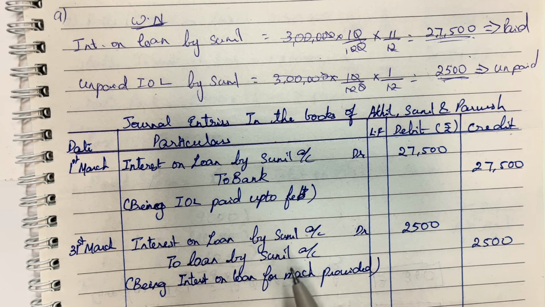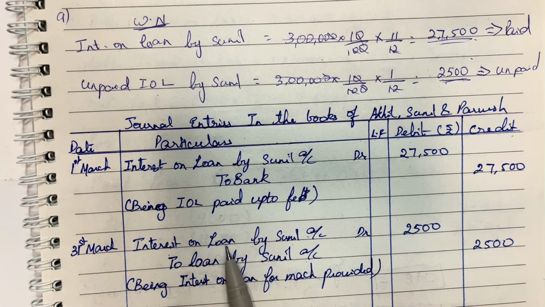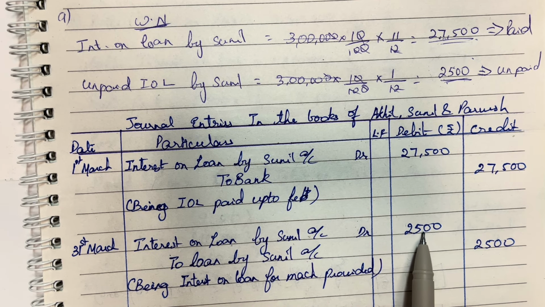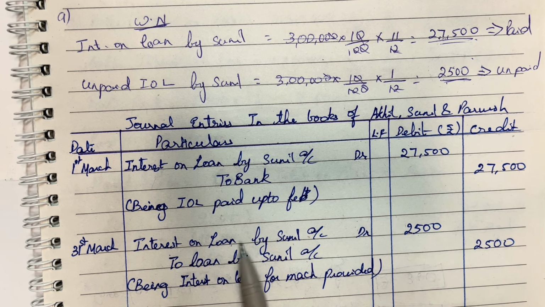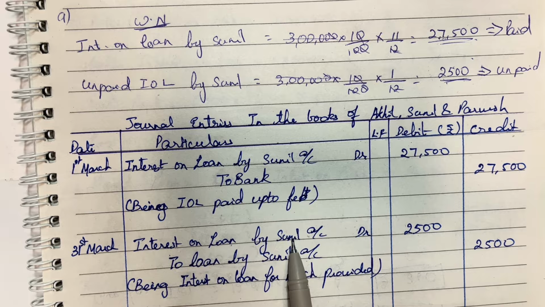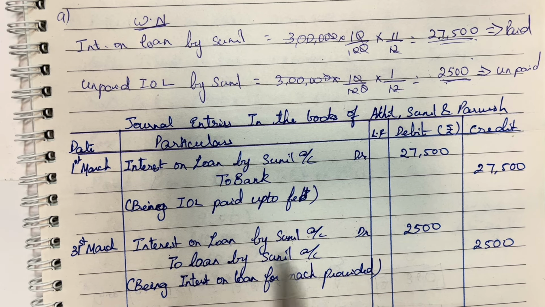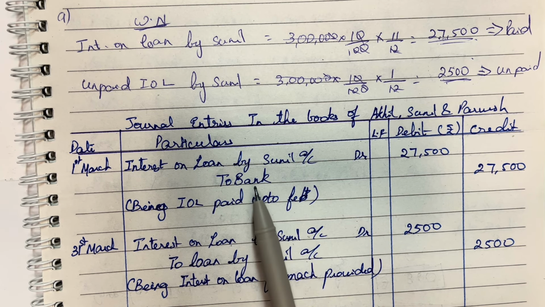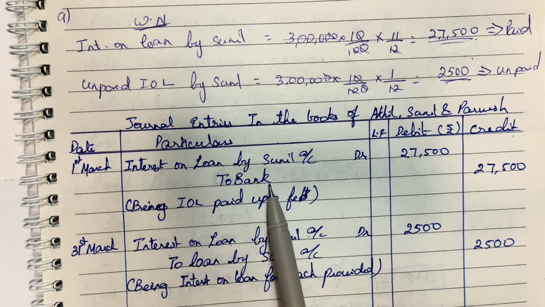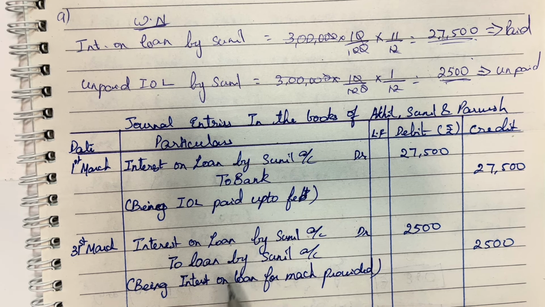Okay, see, this is the interest on loan. This amount of 2,500 is the amount which is pending. It has to be given by the firm in the form of interest on loan given by Sunil to the firm. Now since this amount has not yet gone into Sunil's bank, where is Sunil going to keep this amount?